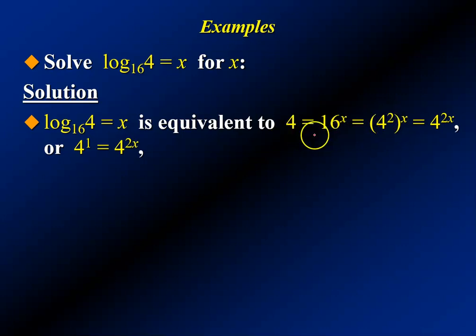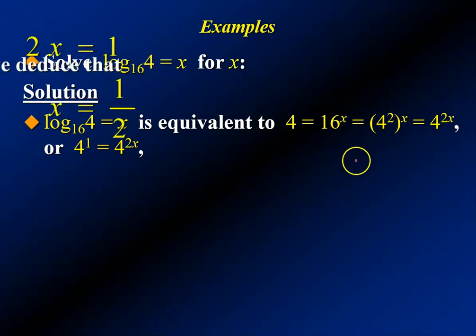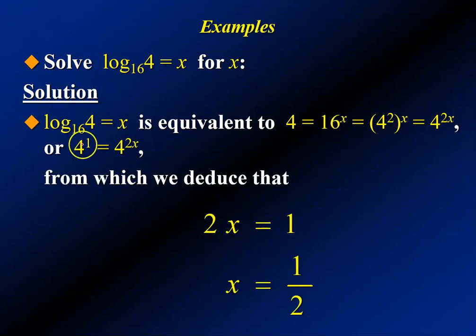So both of them now have the same base, and we can solve for the exponent. Therefore 2x equals 1, x equals 1 over 2. When we have a common base, we can get directly the values of the exponent.